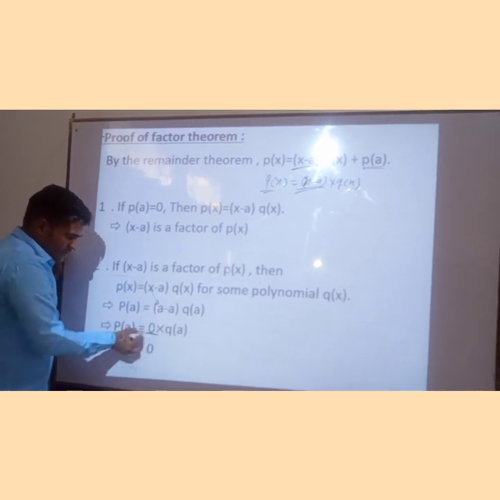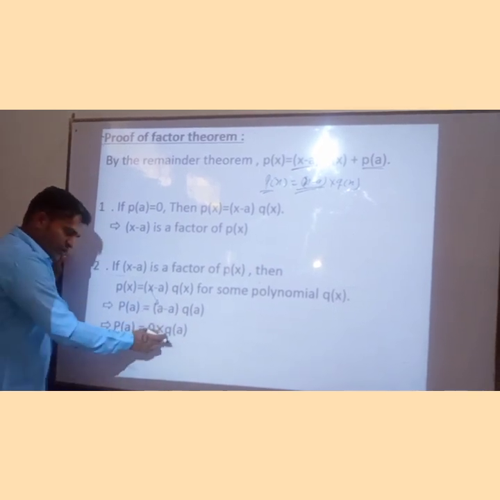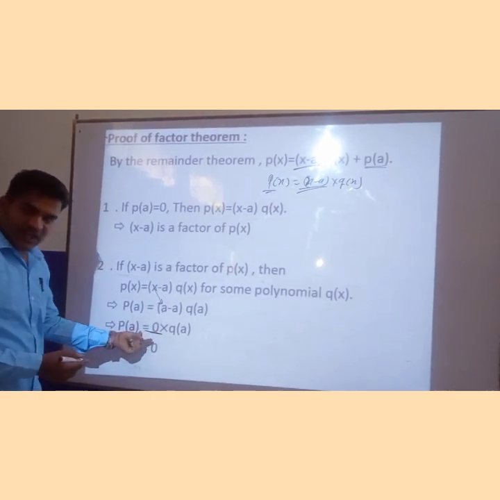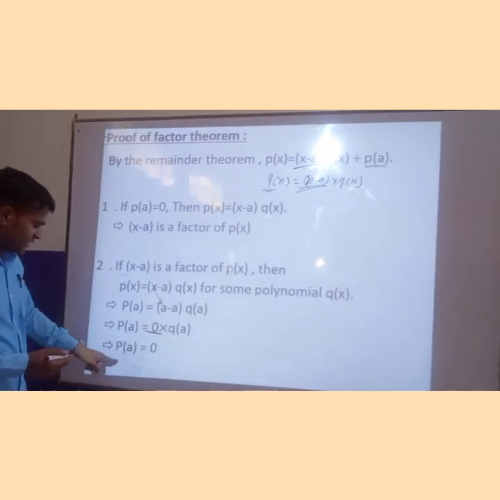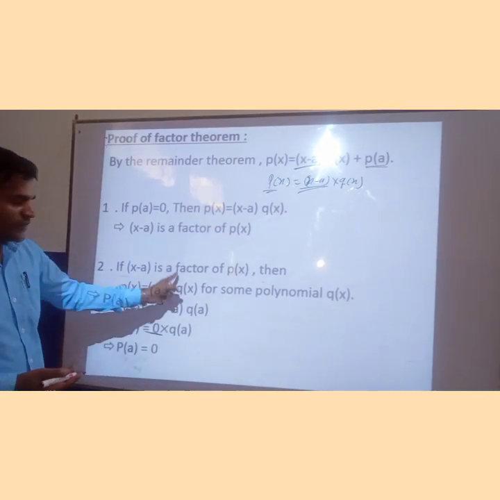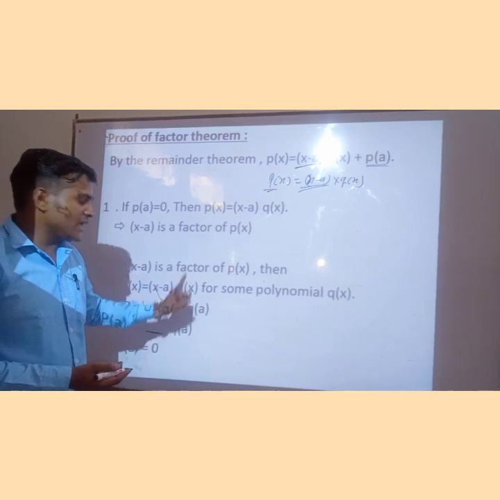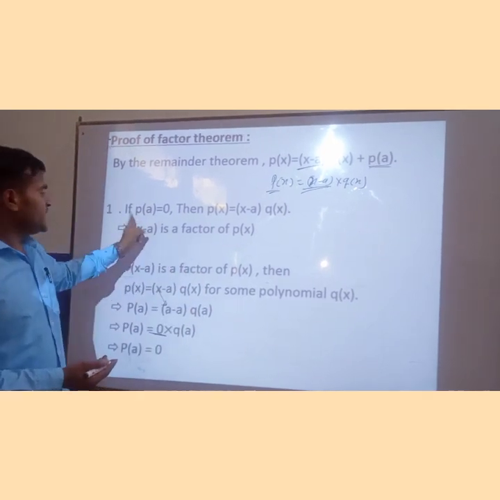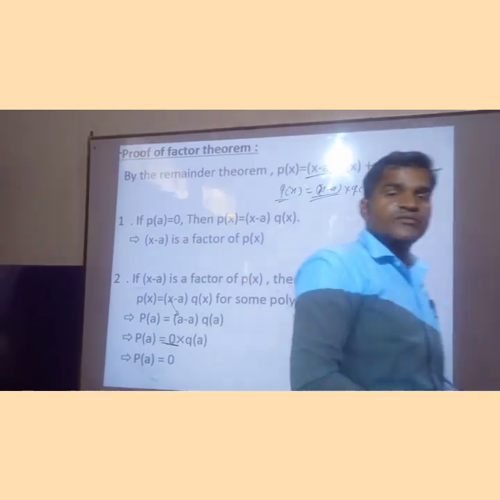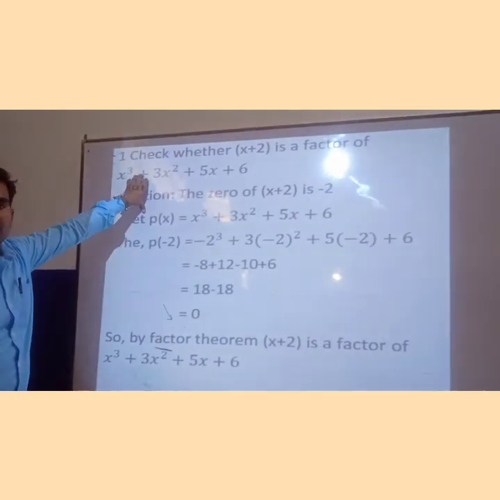A minus a is 0, into q(a). As we know, the product of any number and 0 is always 0, which means p(a) is equal to 0. So that is the proof. If x minus a is a factor of p(x), then p(a) will be 0. If p(a) is equal to 0, then x minus a will be a factor of p(x).